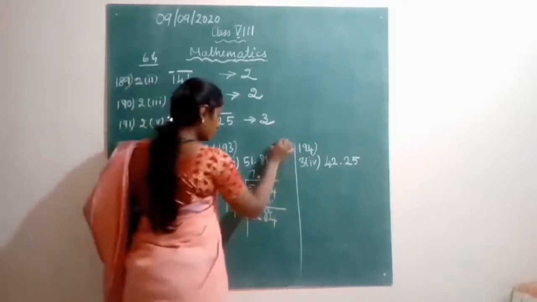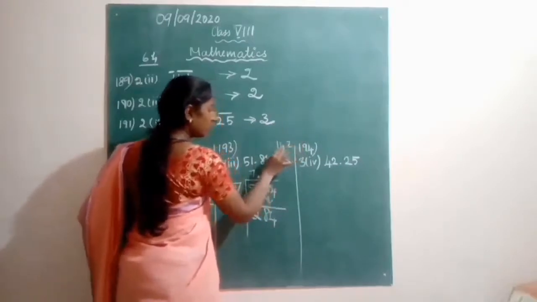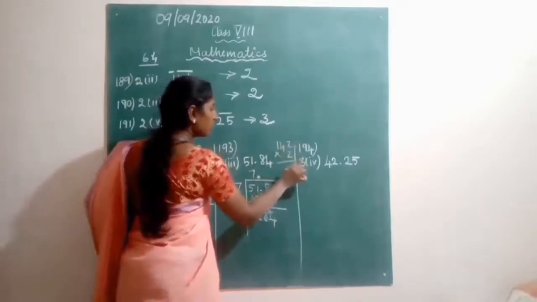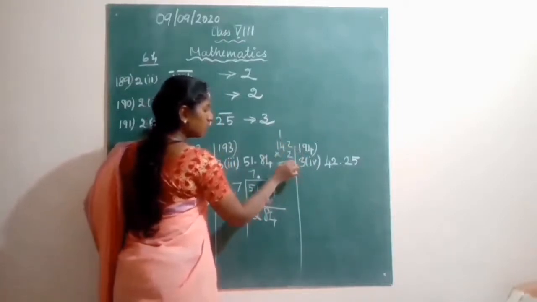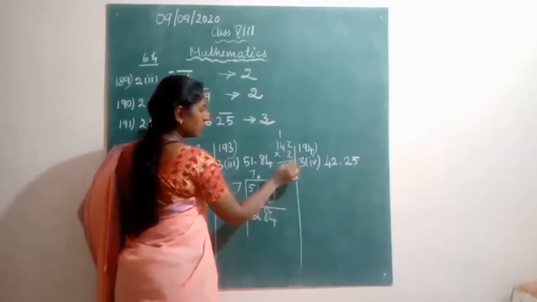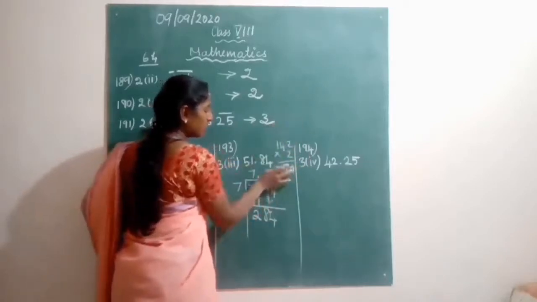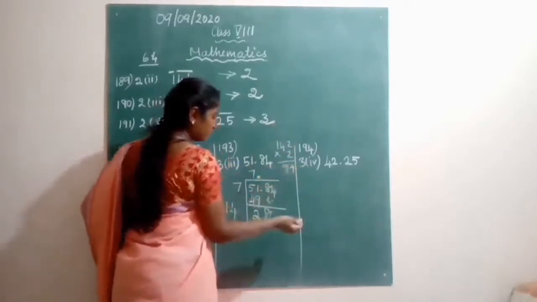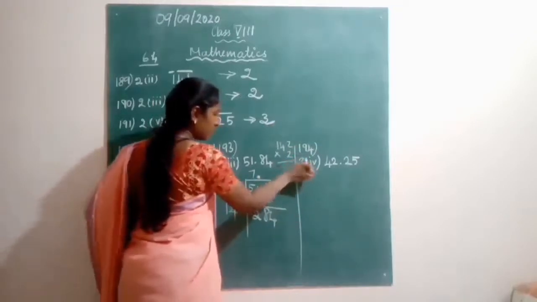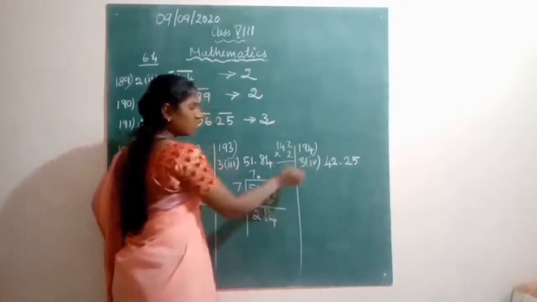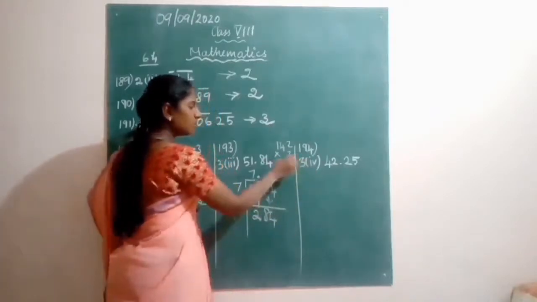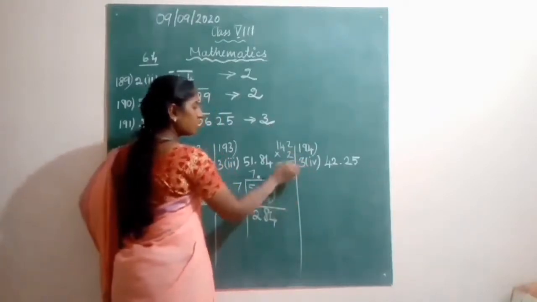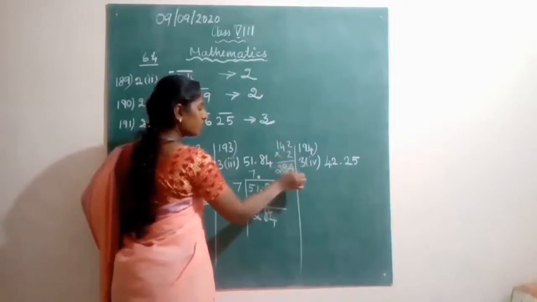Okay. So check 142 into 2. How much is it? 2 2s are 4, 2 4s are 8, and 2 1s are 2.